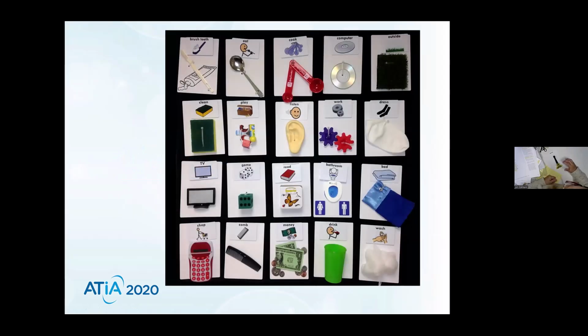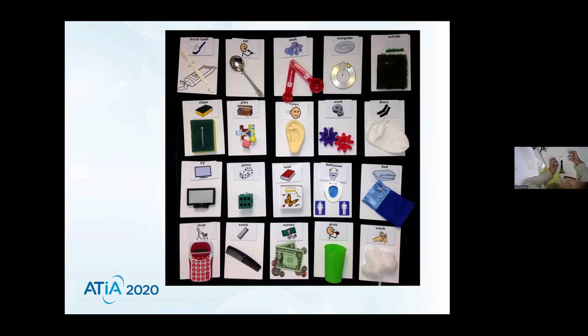We're going to just touch on objects a little bit. This is just a sampling of our object communication symbols. People have shied away from objects because they don't know how to organize them. And the other thing is that we've learned there isn't a lot of research out there on objects, but the one thing that I found to be very critical is that we can't just be handing kids objects for communication.